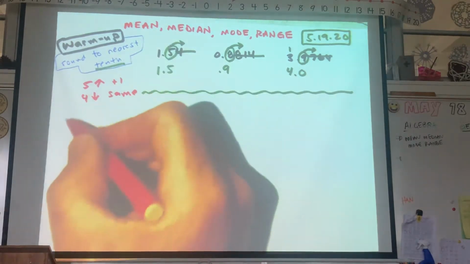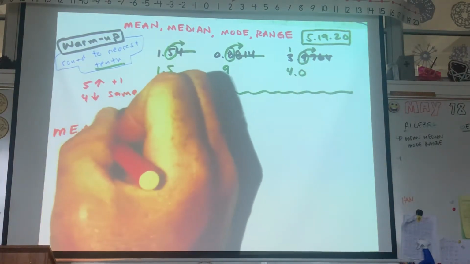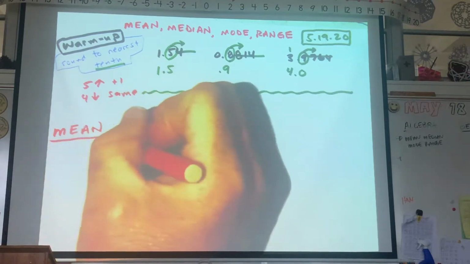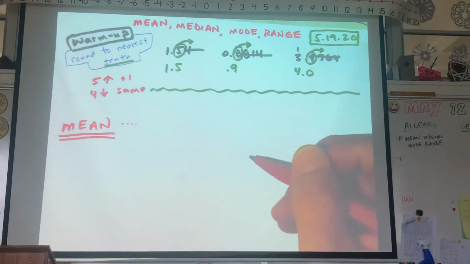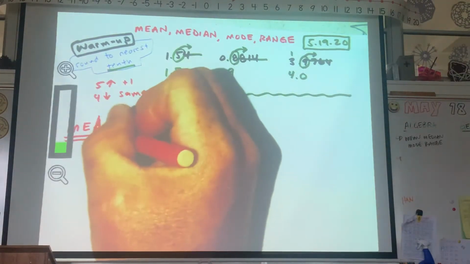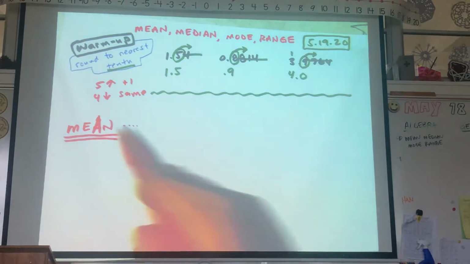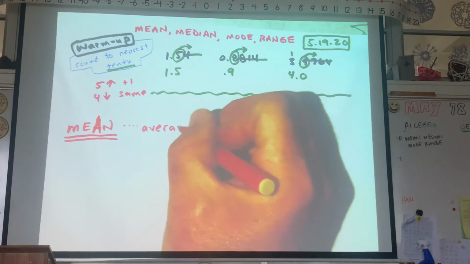First portion is the mean. The mean of any statistical set of numbers, or any set of numbers, is really, I want to make this A a little bit bigger, okay? Because that's the key right there. The mean is the average.